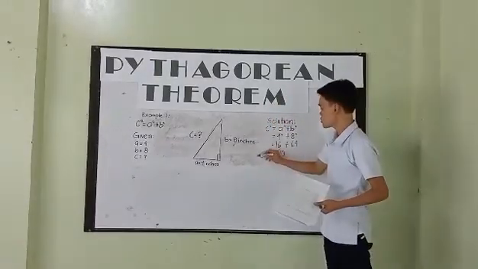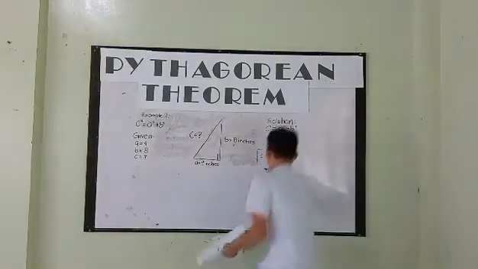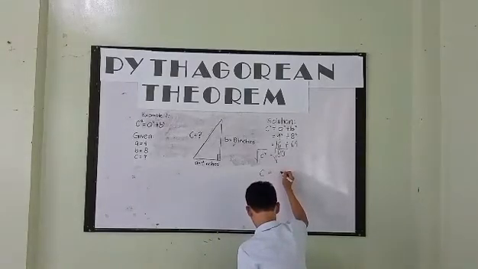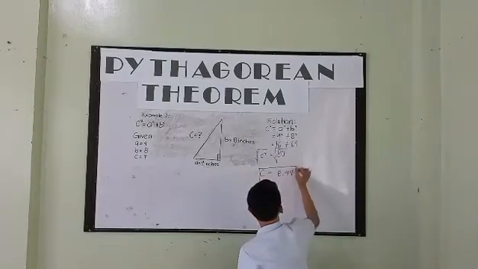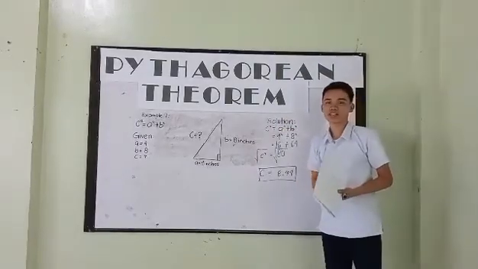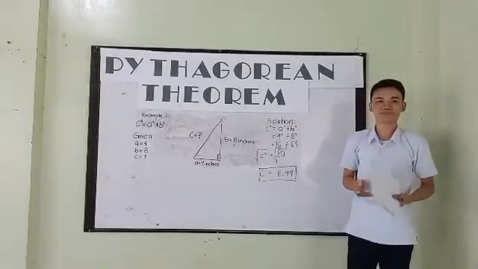So we need to take the square root of both sides. So we have c is equal to 8.94. So therefore, the hypotenuse of the right triangle is approximately 8.94.